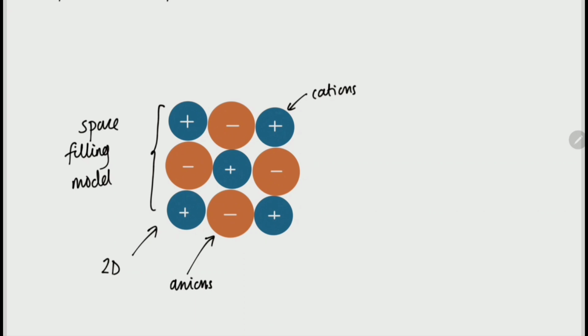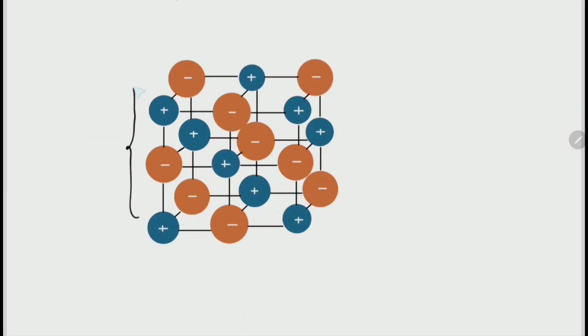Another way can be shown as well, and that is over here. So here we have the structure of ionic compounds represented in the ball and stick model. The circles represent the ions and the lines represent the electrostatic forces of attraction.